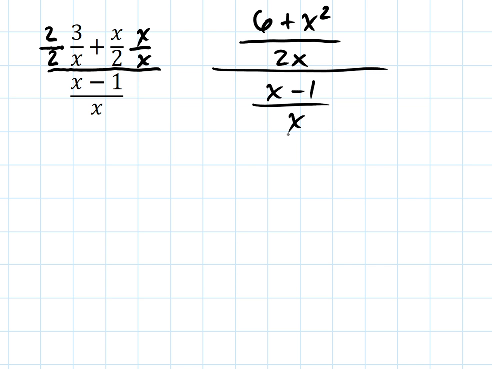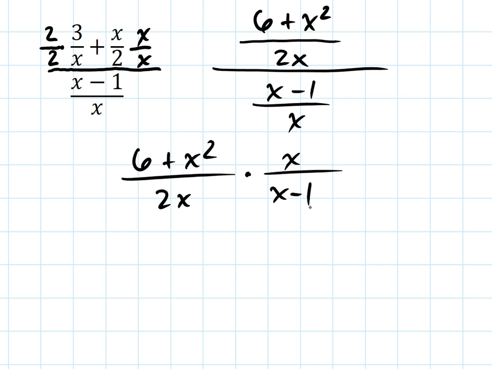So in order to simplify this complex fraction, I'm going to turn it into a multiplication problem, and I'm going to multiply the numerator, which is 6 plus x squared over 2x, times x over x minus 1, which is the reciprocal of my denominator here, right?